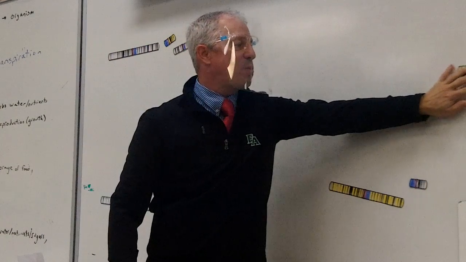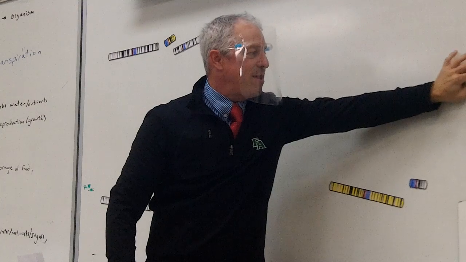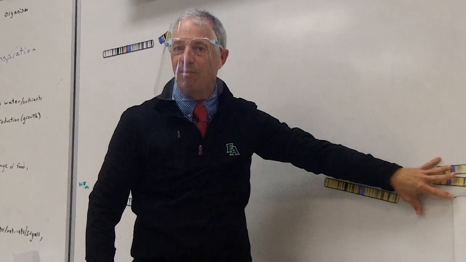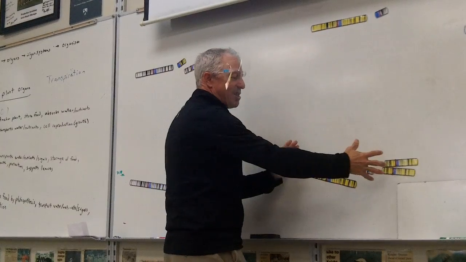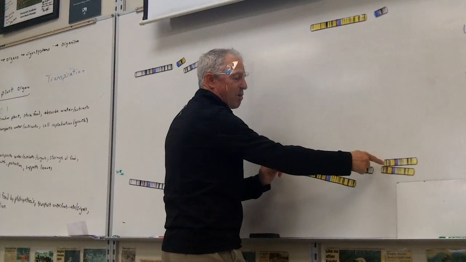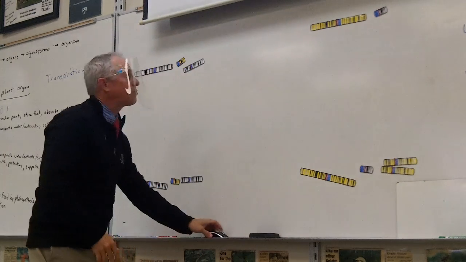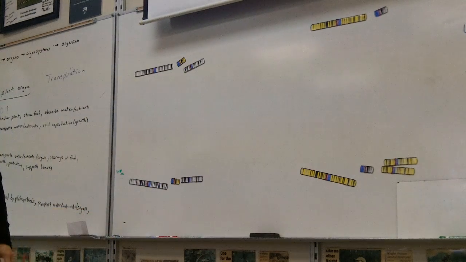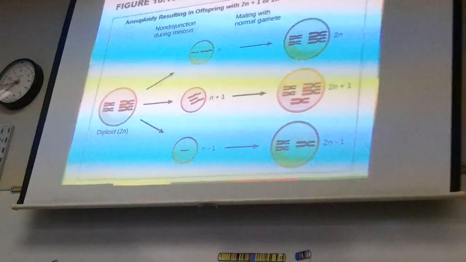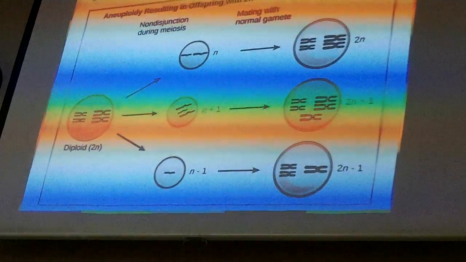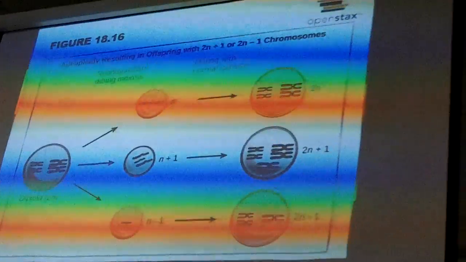Now, do you remember this process where maybe these don't separate, and they both go to one side? Y'all remember that? This sperm ends up having an extra chromosome. This one ends up having one less. That's what they're showing right here. Here's the original cell. This is how it's supposed to work: there are 2 sets of chromosomes here, so this sperm cell gets 2 chromosomes.